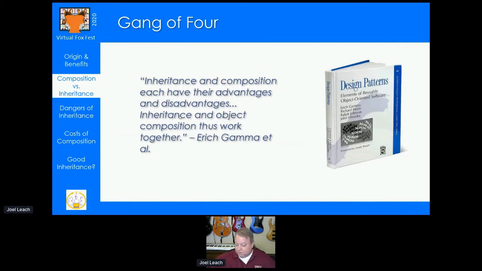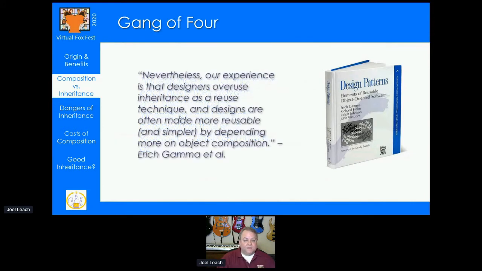But let's continue with the final paragraph in that section where it says, nevertheless, our experience is that designers overuse inheritance as a reuse technique, and designs are often made more reusable and simpler by depending more on object composition. So I don't read this as saying necessarily that inheritance is bad, rather that inheritance was often relied on too much as a mechanism for reuse, and that there are benefits to using composition.